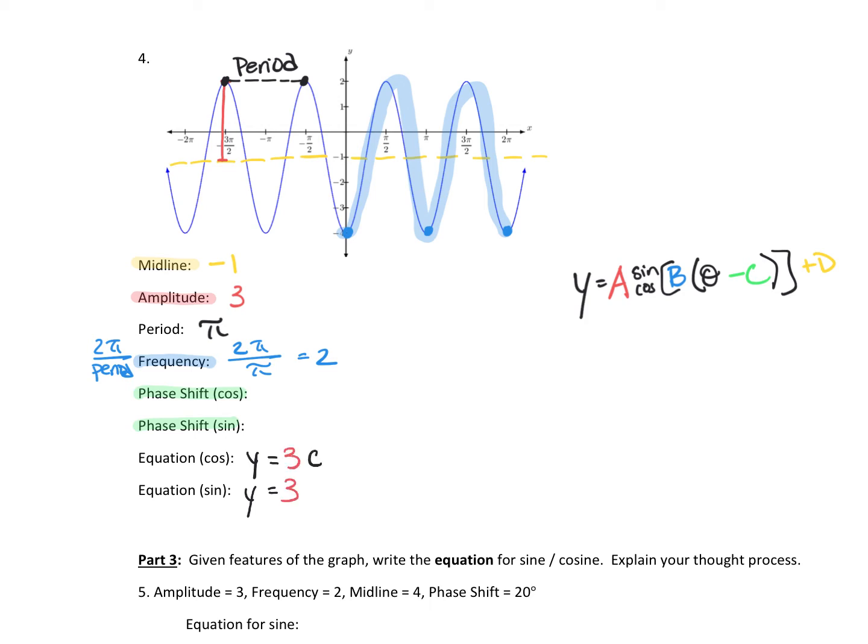Let's say that top one's going to be cosine, that bottom one's going to be sine, of a frequency which is 2 for both of those, parenthesis theta, and then I don't know what the shift is yet, so I'm just going to leave a blank space for that. And then with the midline of -1.